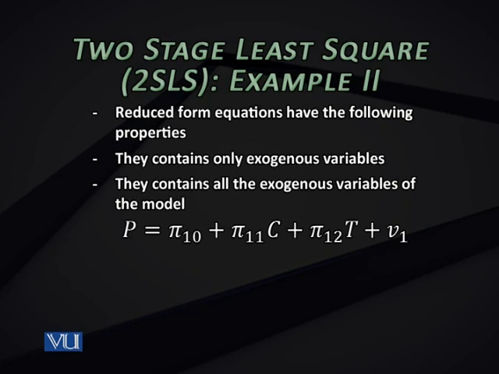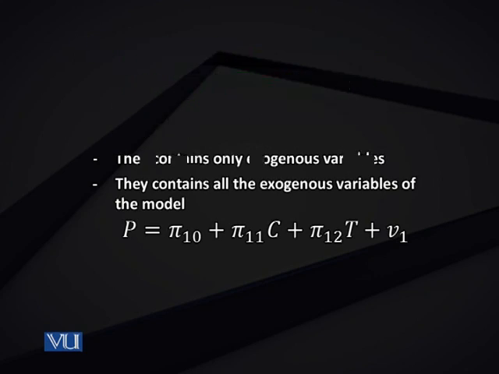You didn't solve anything. You just can write it by remembering two properties of reduced form, that there are only exogenous variables on the right hand side. I repeat this so that you can properly remember them. You have two exogenous variables, C and T. You need both of them on the right hand side of each reduced form equation. You are not concerned with the reduced form equation of quantity.